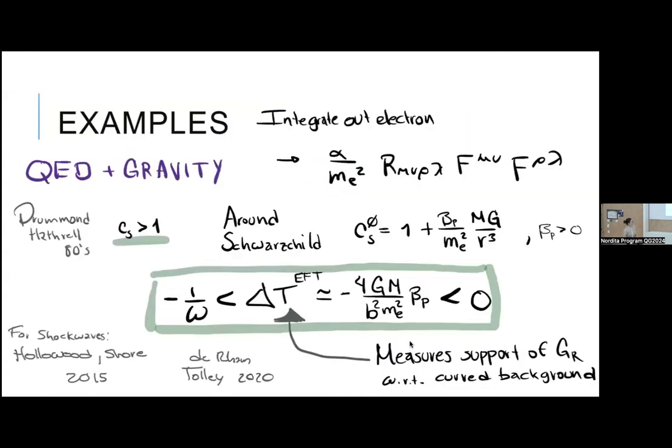Yeah, so if you do QED in curved backgrounds around a Schwarzschild spacetime and integrate out the electron, for example, you get a term that looks like this, and it satisfies these bounds. Higher order operators haven't been done. Pure gravity, I think it's also been checked and it's also fine. But one operator, just the first. You can just do one operator at a time.